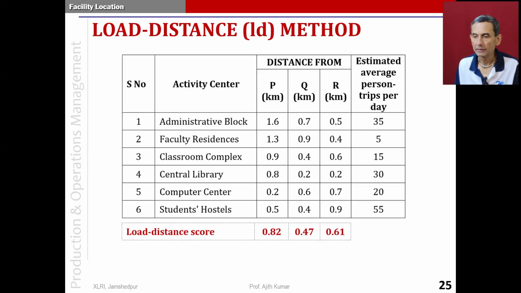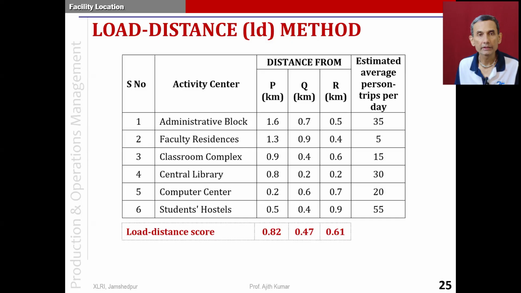That whole sum divided by the sum of the person trips, 35 plus 5 plus 15 plus 30 plus 20 plus 55. So this weighted score, sigma Li Dij divided by sigma Li, gives us for location P 0.82, for location Q 0.47, and for location R 0.61.